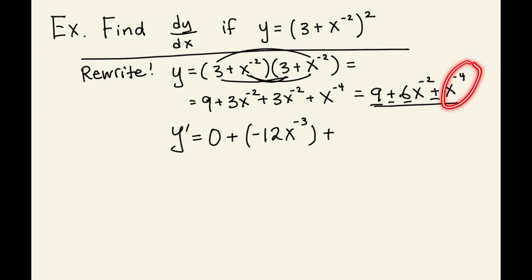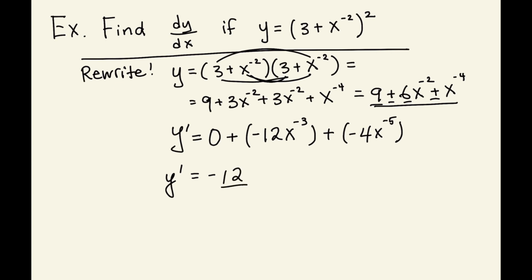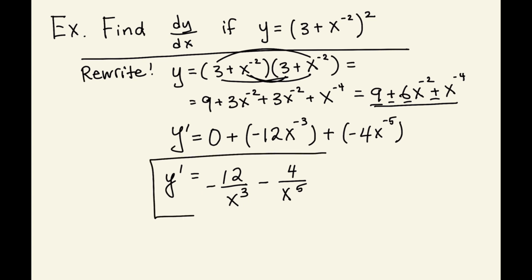And the derivative of x to the negative 4th power is negative 4x to the negative 5. Cleaning this up, my y prime is negative 12 over x cubed minus 4 over x to the 5th. And that is my final derivative.